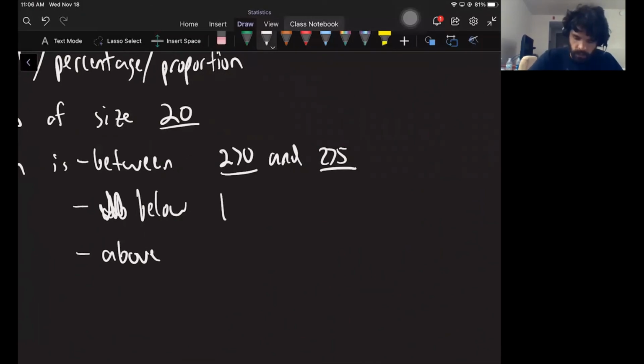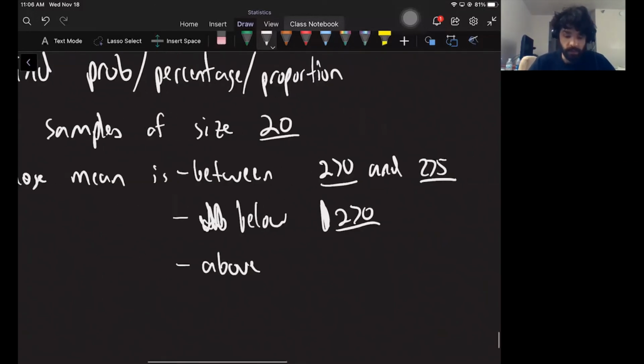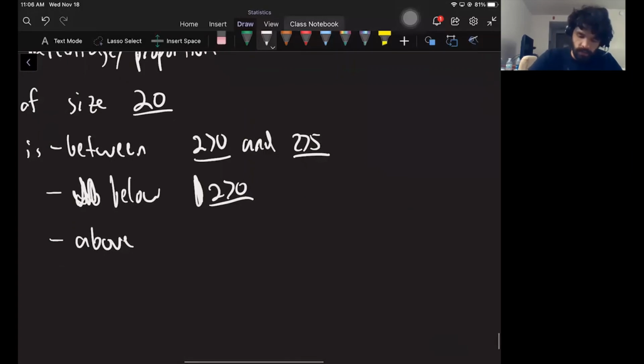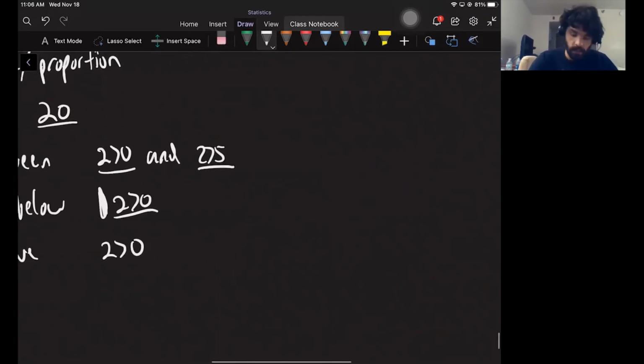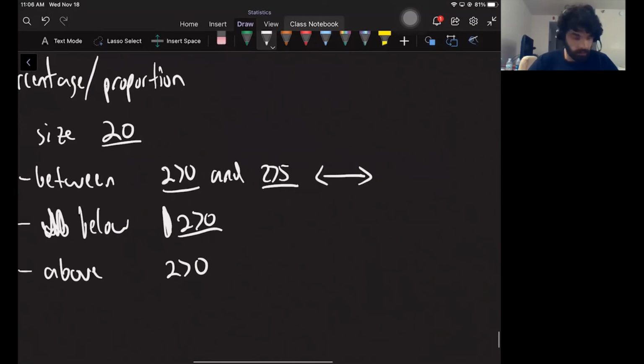But you might also want a problem that's asking you to find the probability, percentage or proportion of samples of size 20 whose mean is below something or above something instead. Let's focus on the between. So again, what does this really translate to in our fancy new jargon?